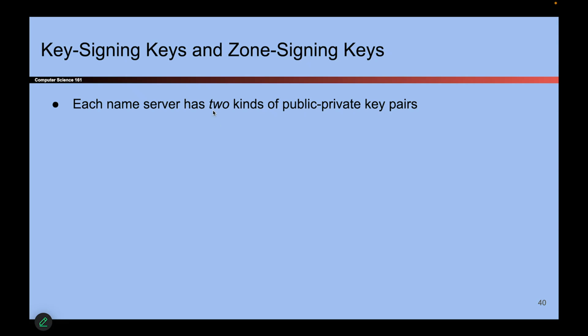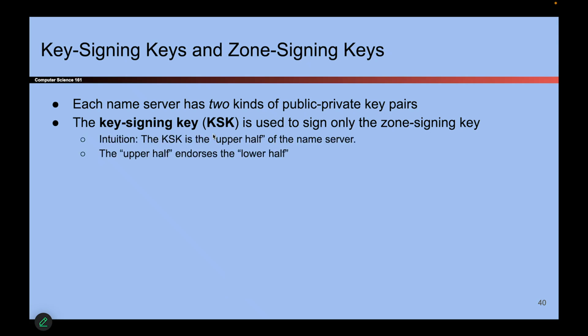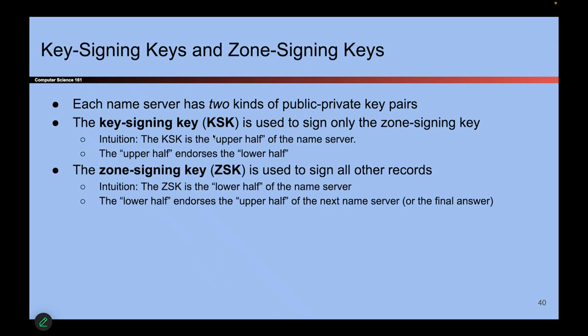So each name server now has an upper half and a lower half. In other words, every name server is pretending to be two name servers in disguise, even though it's actually the same machine doing all of the work. So now each name server has two key pairs, one for the upper half and one for the lower half, and they get names. The upper half is called key signing key, and the lower half is called zone signing key.